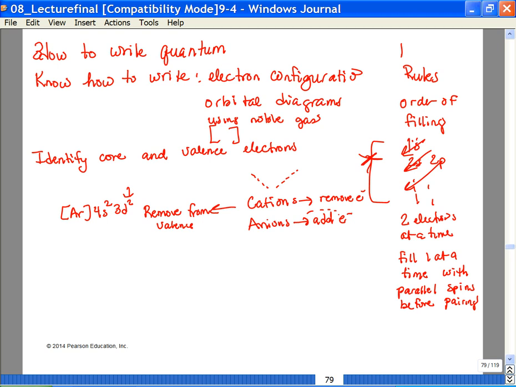So we would go to 3d3. We do it in the same order that we always fill our electrons in.